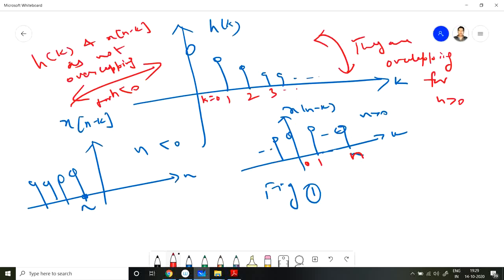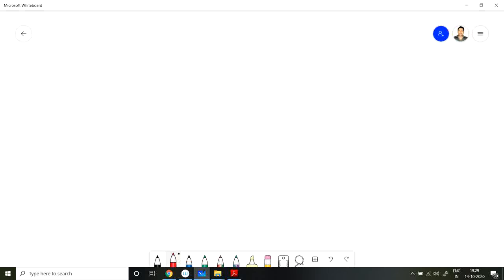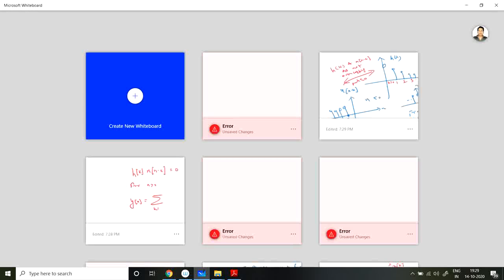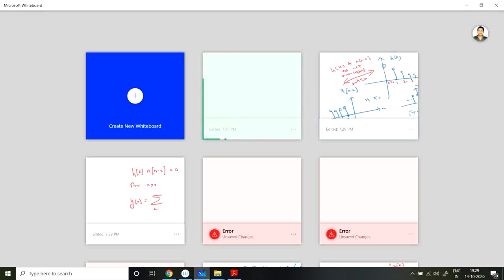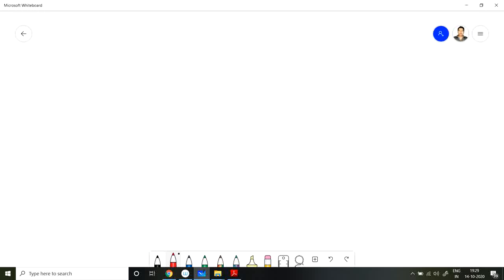So the overlapping region is from k equals 0 to n only. For k equals 0 to n, overlapping is there.